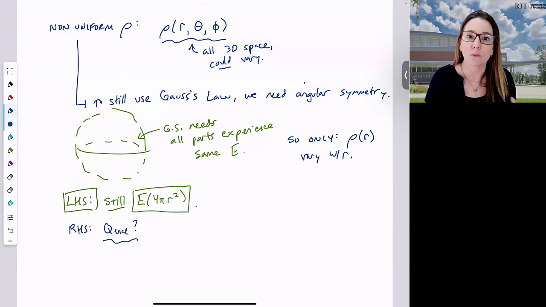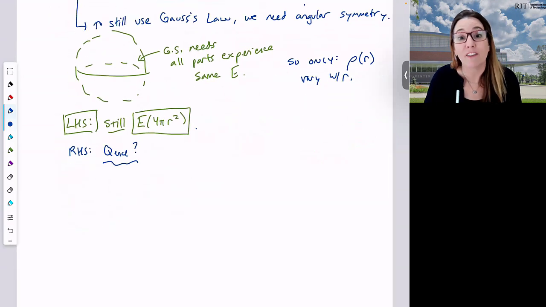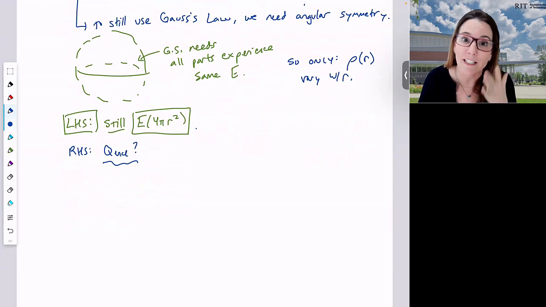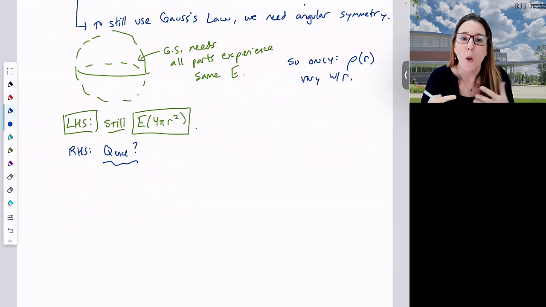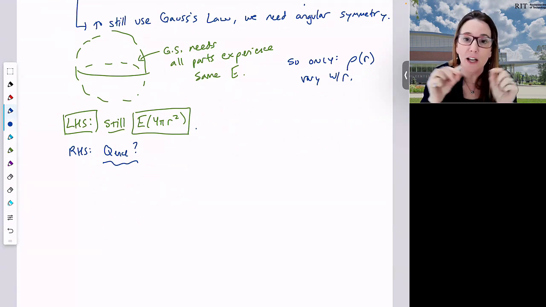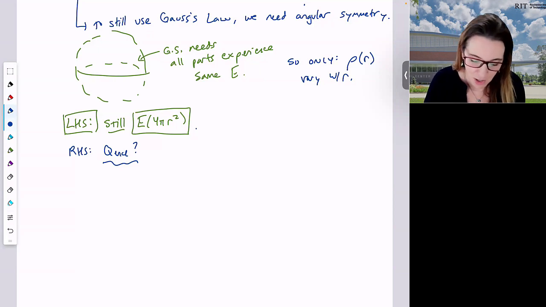So how would we get Q enclosed if we're given a variable density? The Q enclosed is going to be found by taking tiny bits of charge on different volumes and then adding them up.